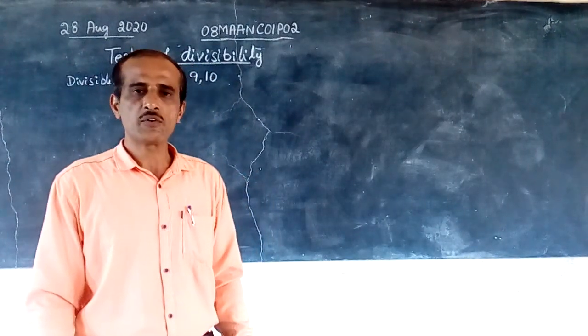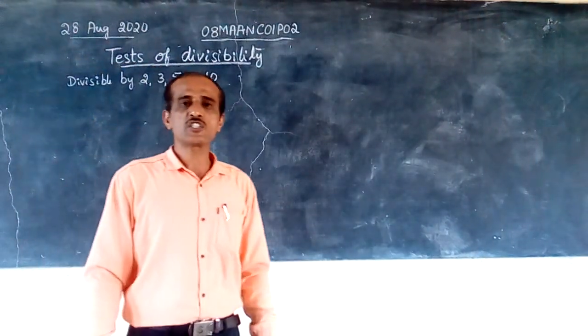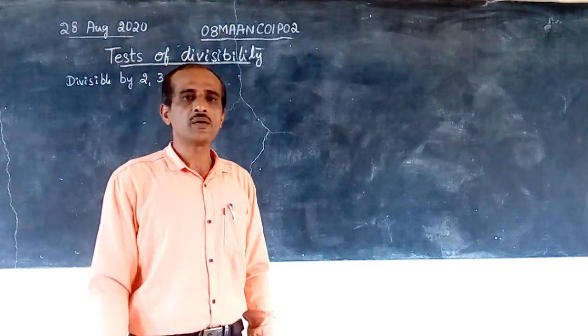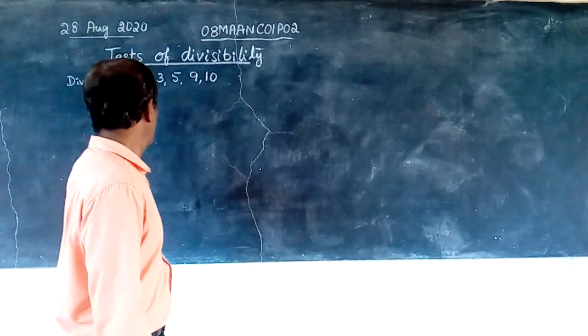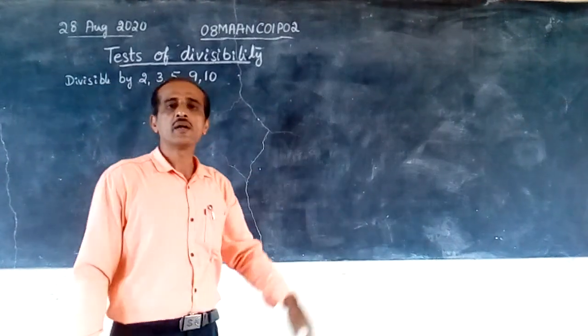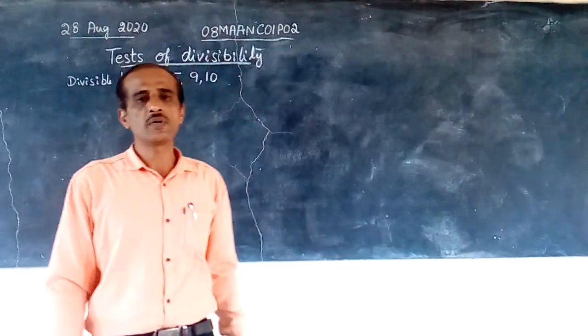That is what we have seen in our last video. Today let us see some tests of divisibility. So how to identify a number which is divisible by 2, 3, 5, 9 or 10. That is what we are going to learn in today's video.